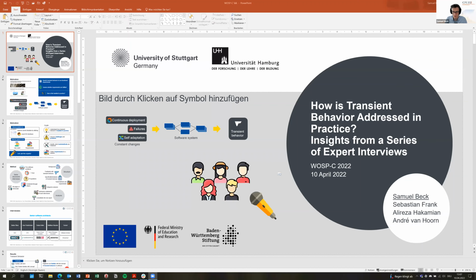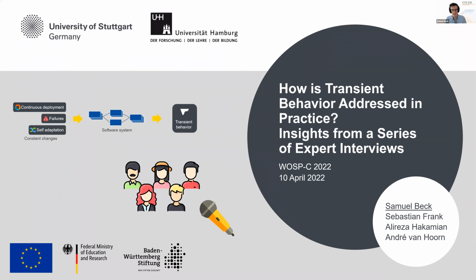Samuel Beck from the University of Stuttgart will present the paper, How is transient behavior addressed in practice? Insights from a series of expert interviews. So Samuel. Yes, thank you. Let me share my screen. So I hope you can see something. Yeah, I can see your slides.